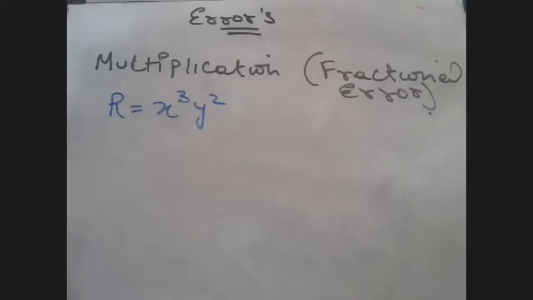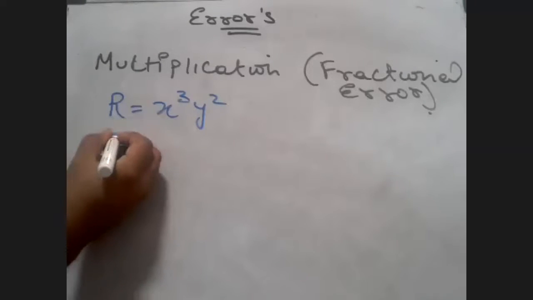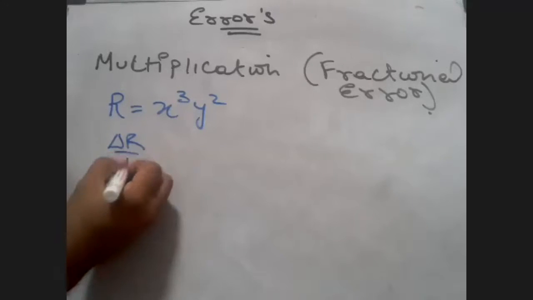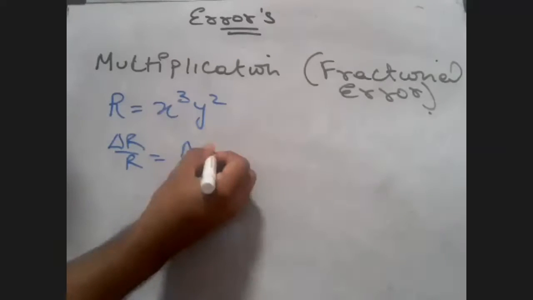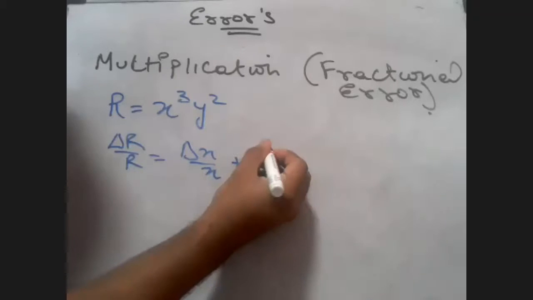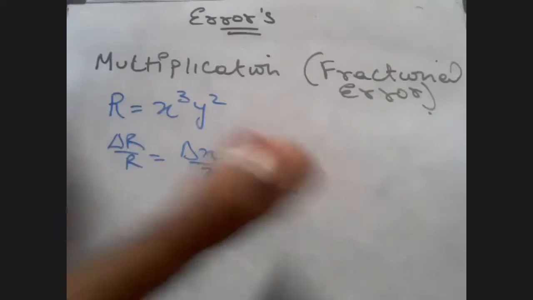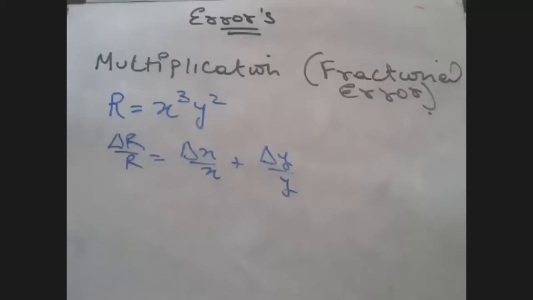You know that delta r upon r equals delta x upon x plus delta y upon y. I am asking you to find out the fractional error in the result.